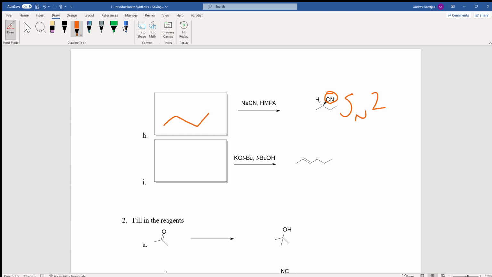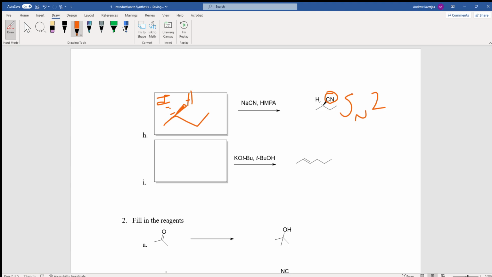I'm choosing to use an iodine here, but it could be a bromine, it could be tosylate, whatever you like for a leaving group there. But the second piece, and also important, given that this is an SN2, we know that SN2 reactions proceed with inversion of configuration. So notice that when I went back to the starting material, I've inverted the stereocenter.